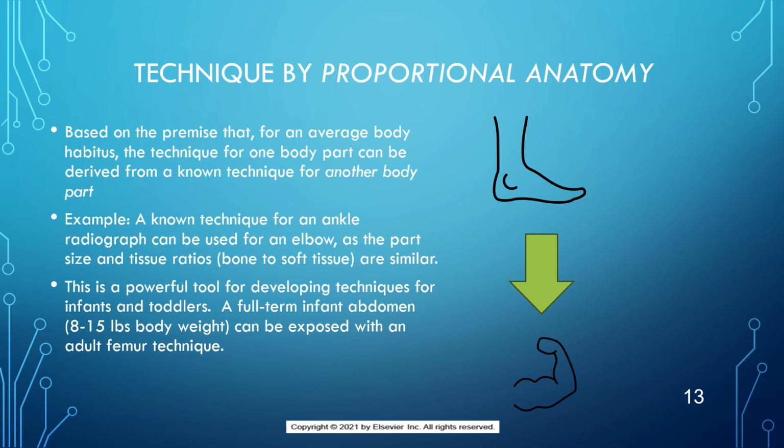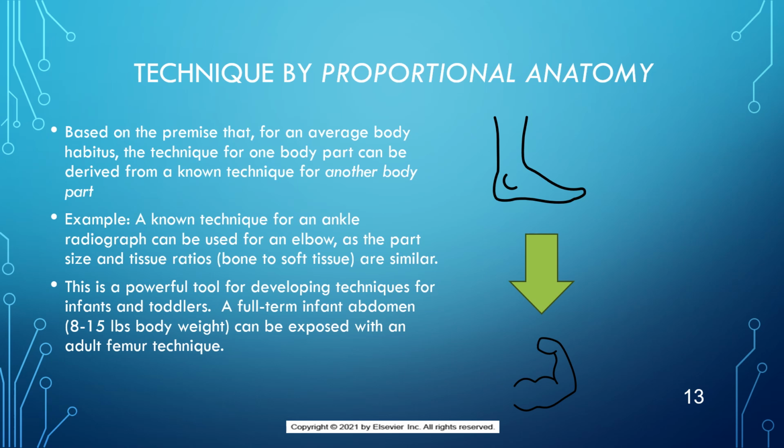Okay. Now that 35, 40 pound toddler, their abdomen is about the same diameter as an adult femur, right? That's the example. A full term infant abdomen, at a birth weight of maybe 8 to 15 pounds. Pray for mom if it's a 15-pound birth weight, but that's a little aside.